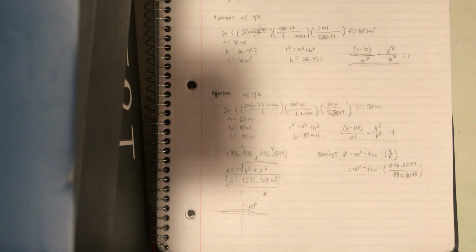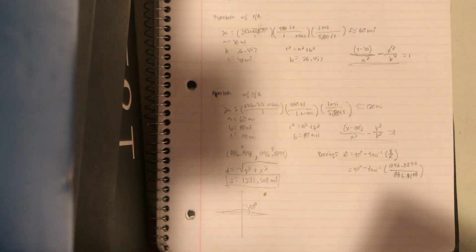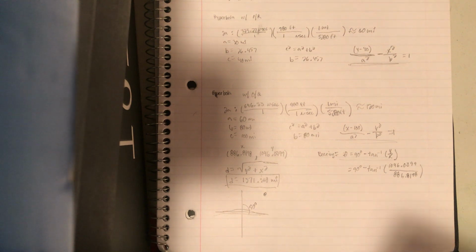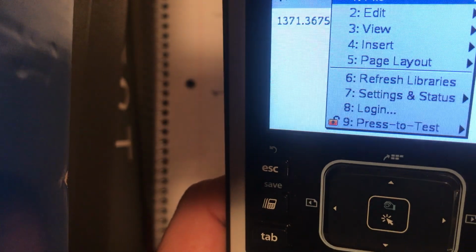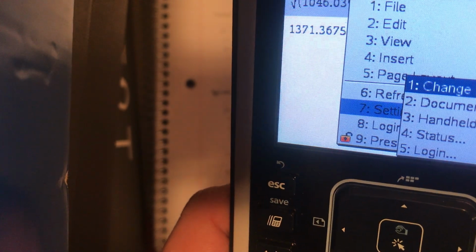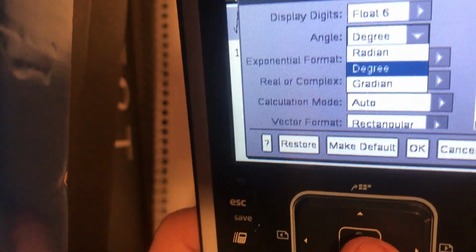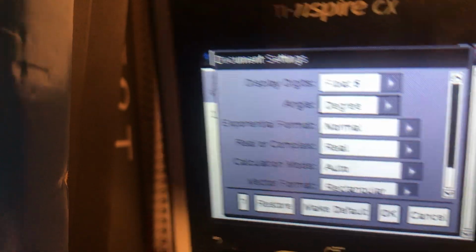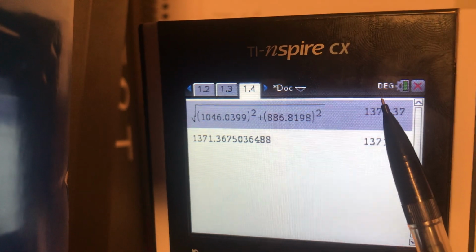Now the important thing about this situation is you want to switch your calculator from radians to degrees. So you go to document settings, then you go to radian. You want to make sure you set that to degree. Enter. Make sure that it says degree.